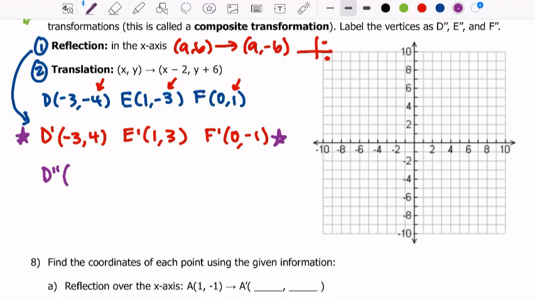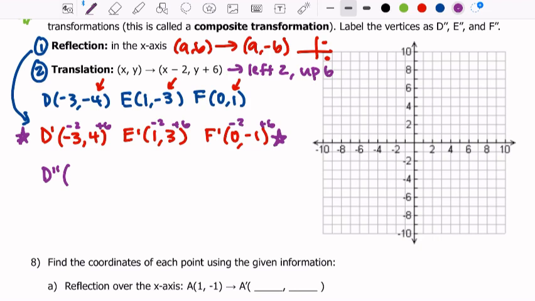So my translation is x minus 2, y plus 6. Excuse me. So I know that we are going left 2 and then up 6. So that means to each of these coordinate points, I'm going to subtract 2 from my x-coordinates, and then I'm going to add 6 to my y-coordinates.